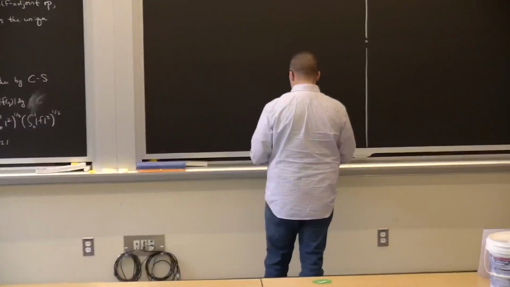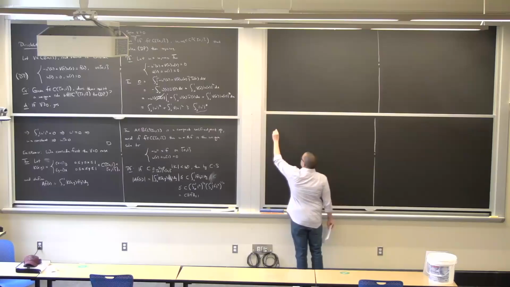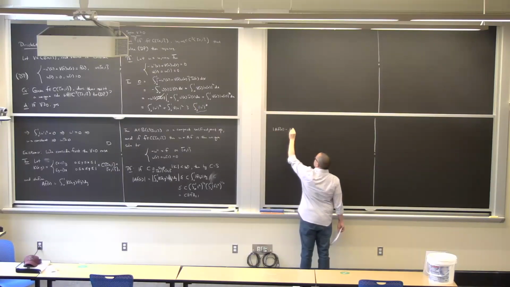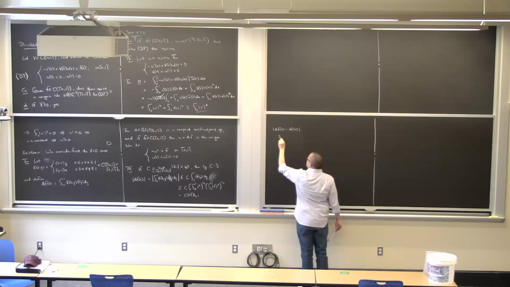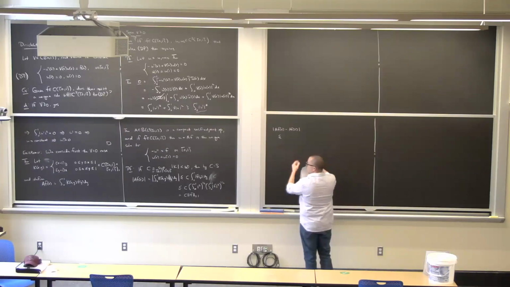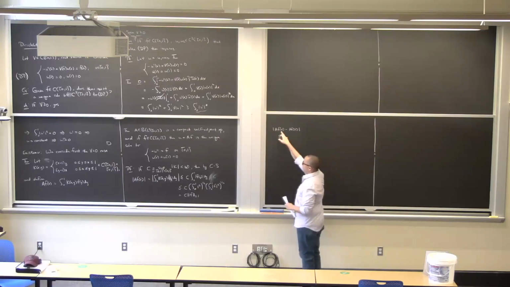I also have, if I look at f of x minus f of z, then again, by bringing the absolute value inside the integral, the difference is going to be k of xy minus k of xz times f of y, integrated.